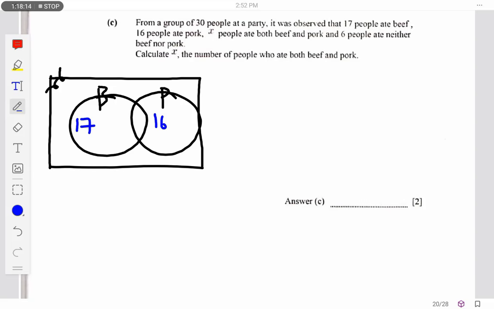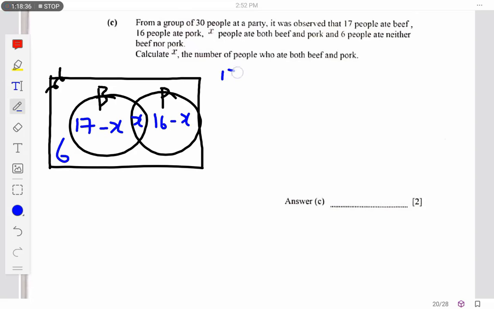Then X ate both, so I'm going to write minus X here and minus X there, because they ate both. Those who did not eat anything, there are 6, so you can have a 6 like that. When we have this, I can have an expression of adding all this, which should be equal to 30.